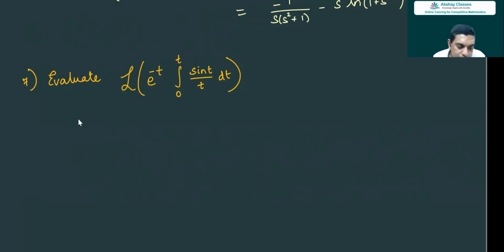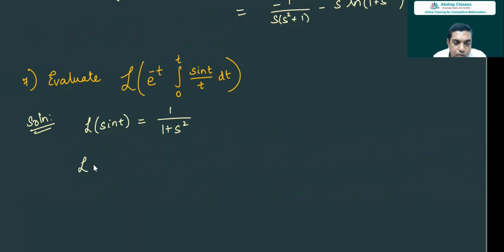So first, we will start with the sine t. Laplace transform of sine t is 1 by 1 square plus s square. What will be the Laplace transform of sine t over t? Division by t means it is an integral.